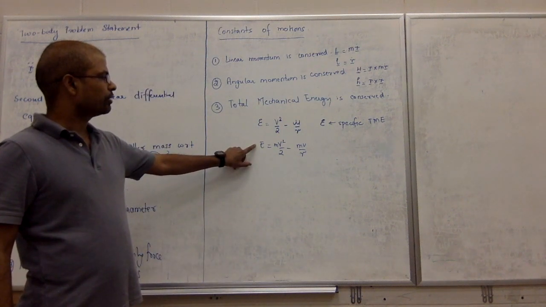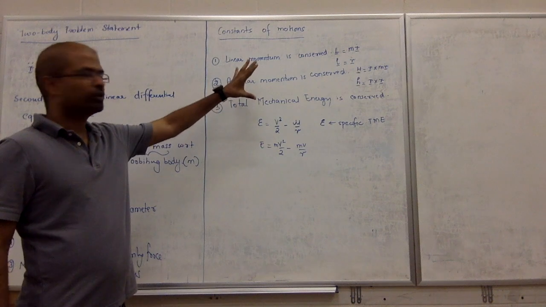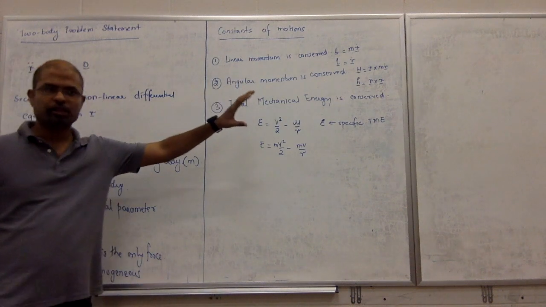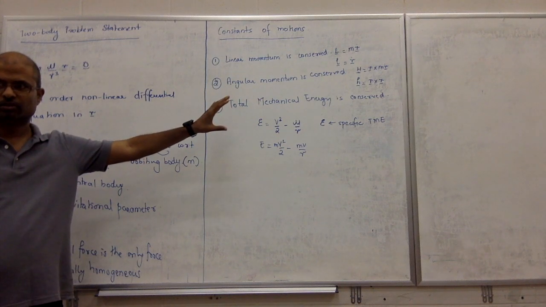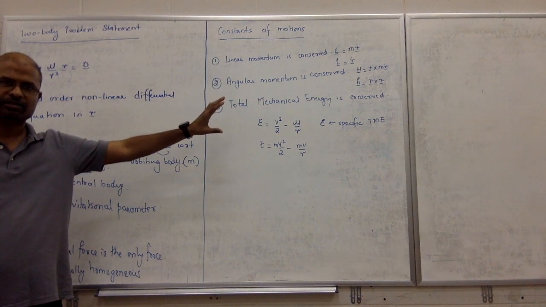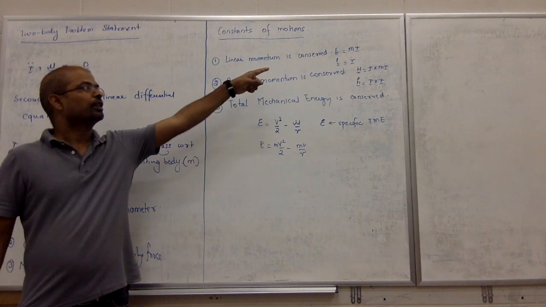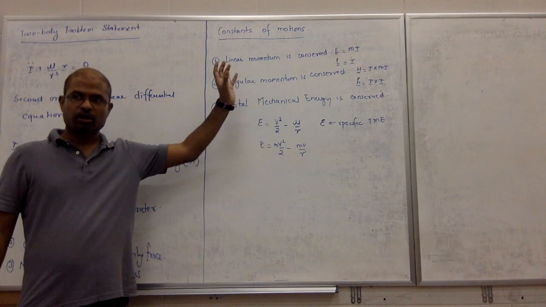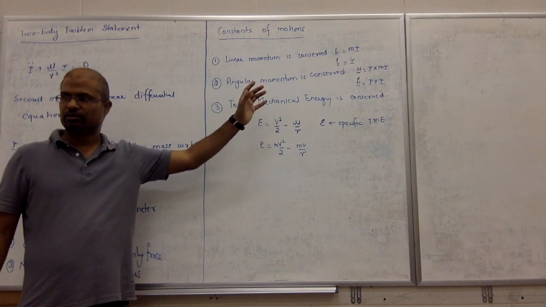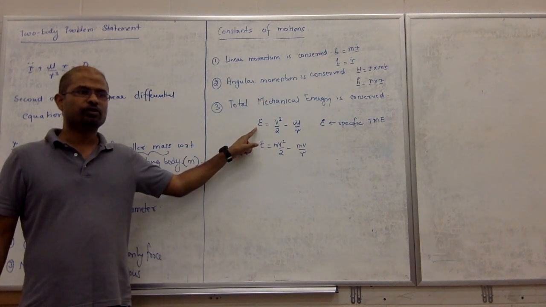What are we using for non-specific linear momentum, angular momentum, energy? What kind of letters are we using? Capital letters. We are using the lowercase equivalent of that for specific. Instead of using small e, we use epsilon.